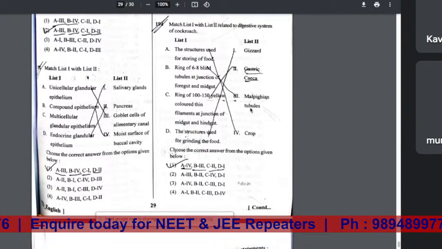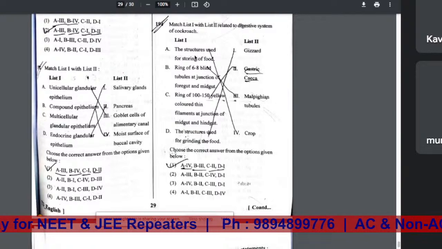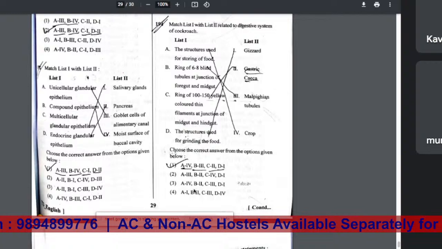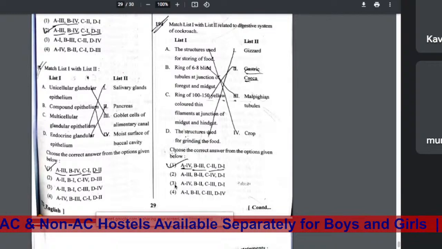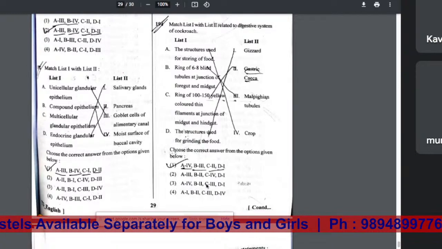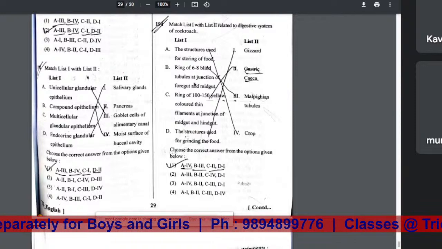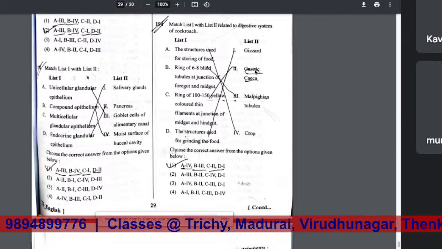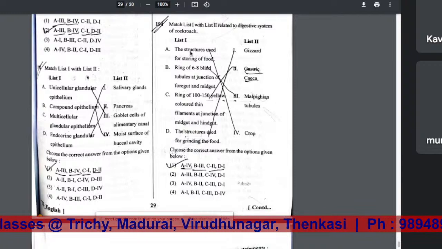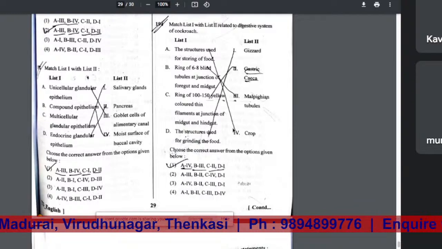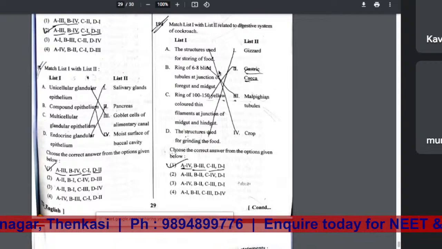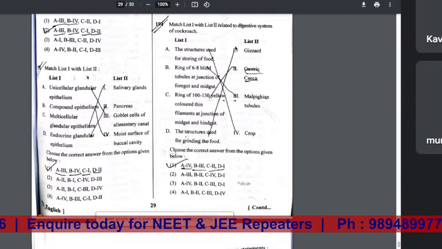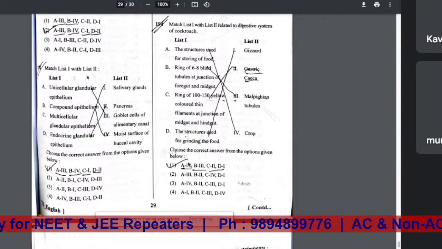The moment you understand that A is 4 and C is 3, you can tell that the option for the 194th question is the third option. Between the foregut and the midgut, whatever you have is called the gastric ceca. So A happens to be 4, B happens to be 2, C is Malpighian tubules, and D is the gizzard, which is used for grinding. The correct answer is 3.